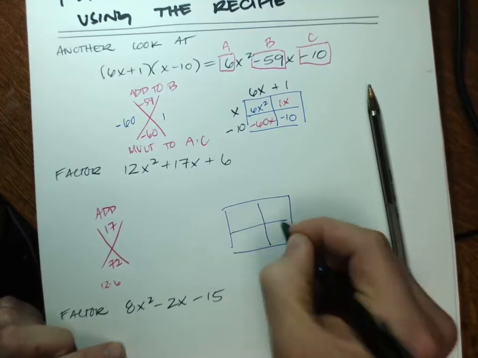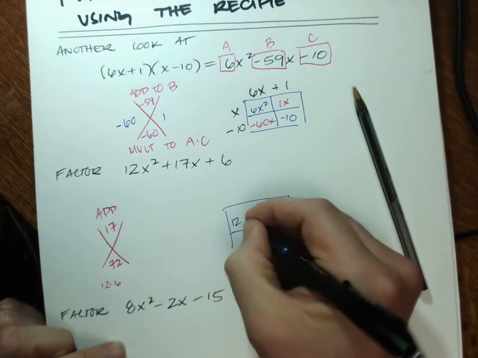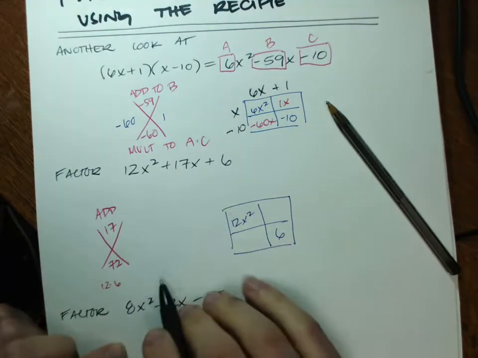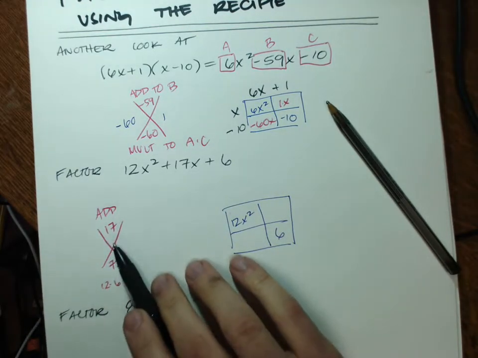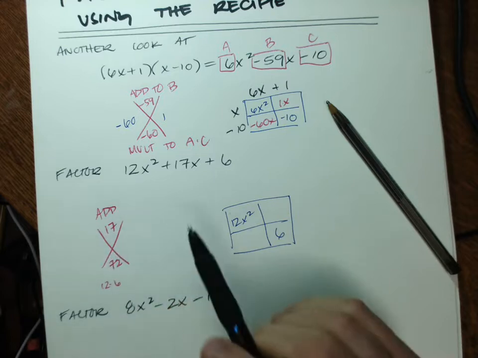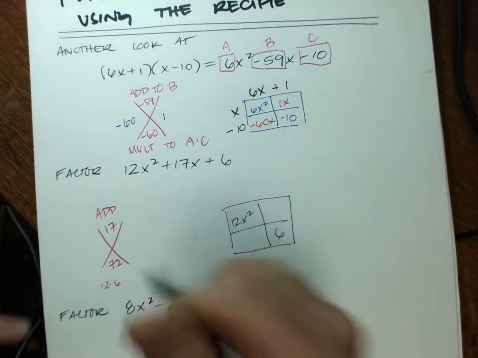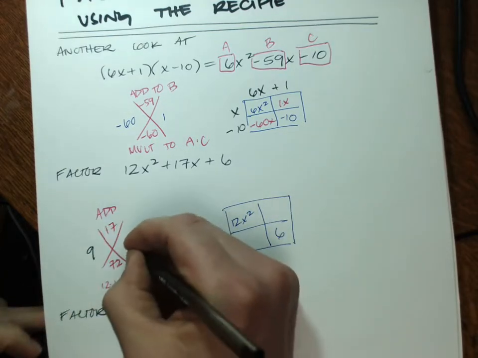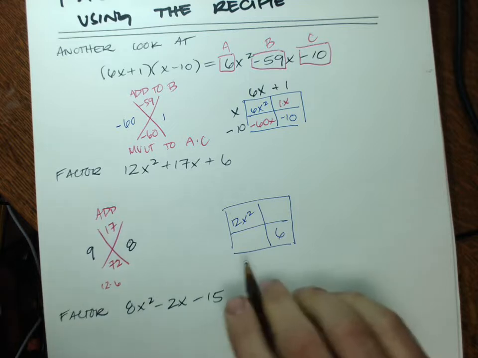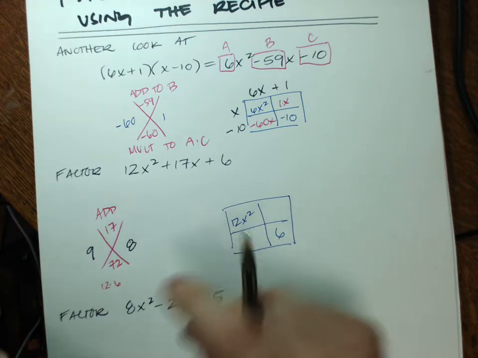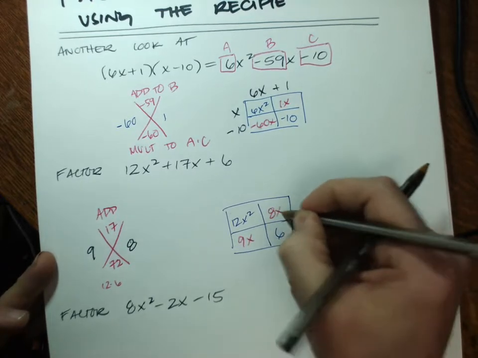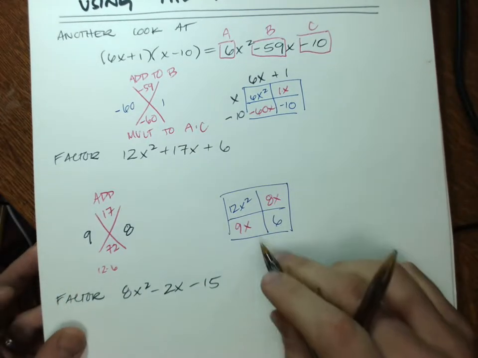While we're thinking about that, let's put everything else that we know: 12x squared, 6, and then how are we going to separate the 17x? Numbers that add, let's see, that'd be 9 and 8. So all that said was that we have 9x and 8x, and it doesn't matter which corner they go in of those two.